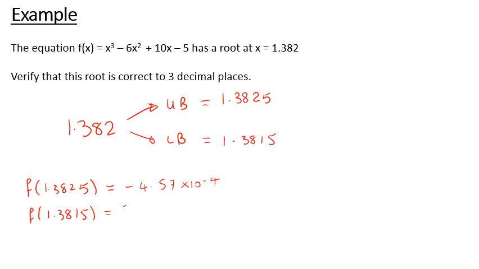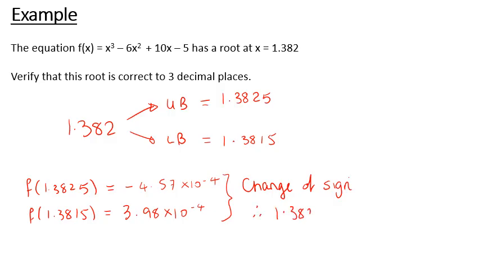The second gives an answer of 3.98 times 10 to the power of minus 4. So we can see that one is negative and the other is positive. There is a change of sign, therefore 1.382 was correct to 3 decimal places.